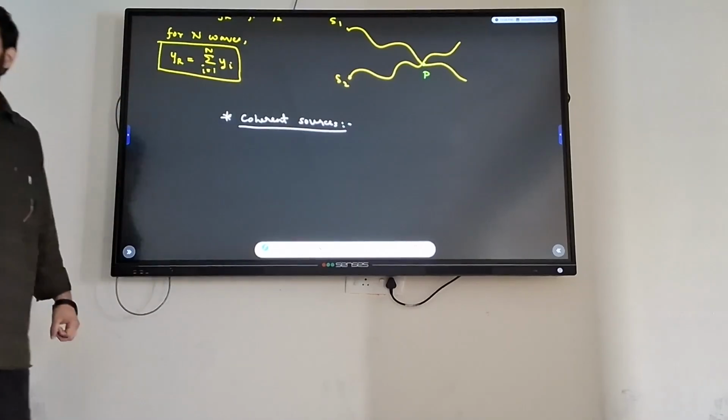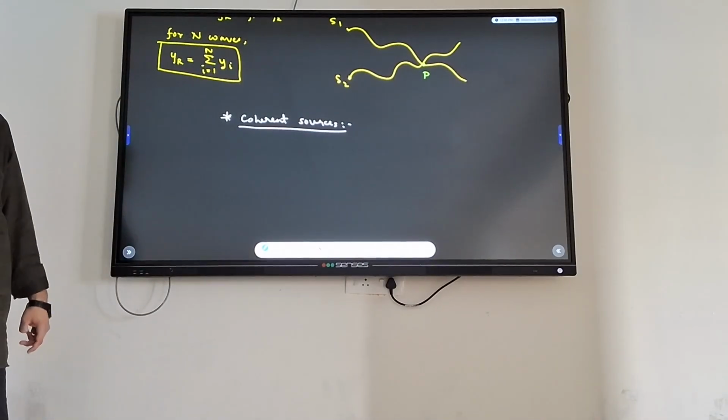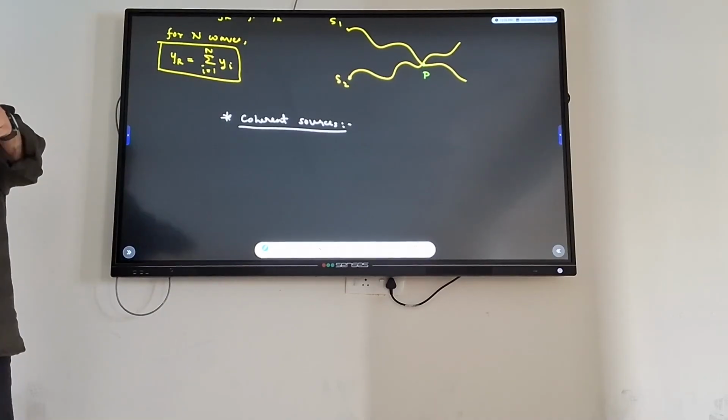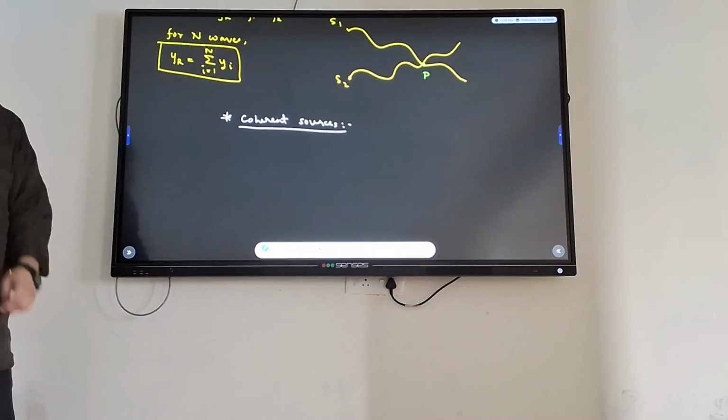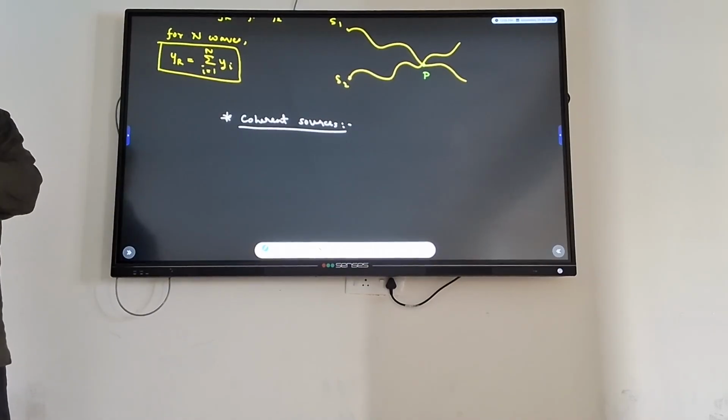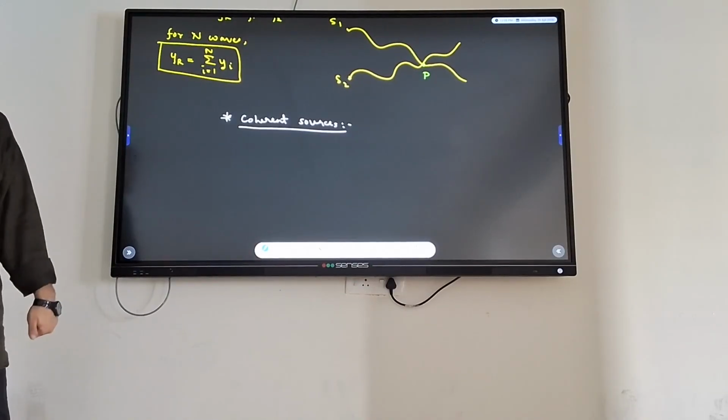When are two sources said to be coherent? When you have two sources and they give off some waves, and let's say the phase difference between these two waves is constant. It's constant in time, it's constant in space. It does not depend on time or space. Then it is called a coherent source.